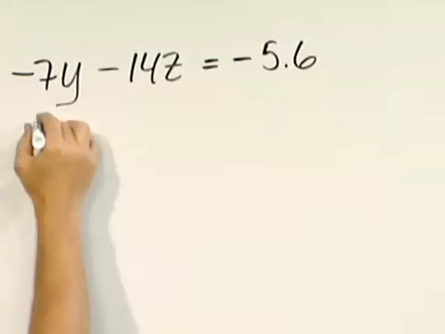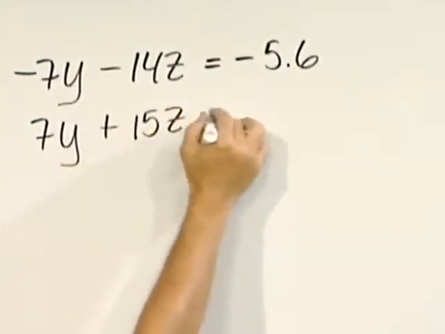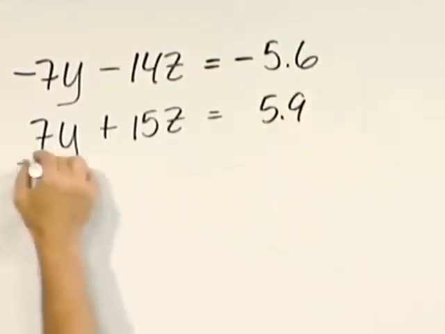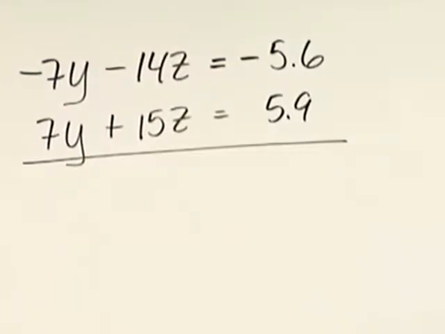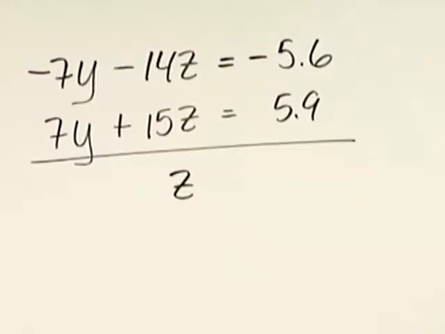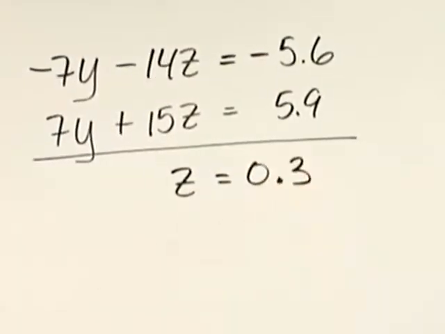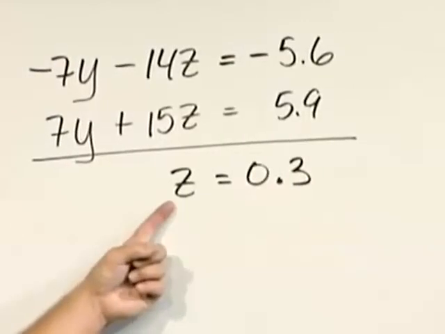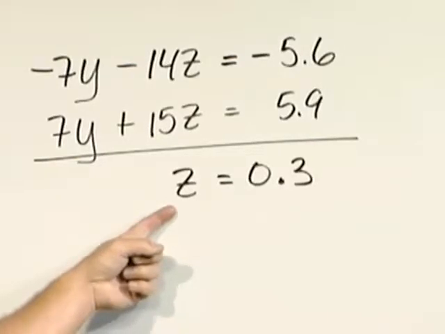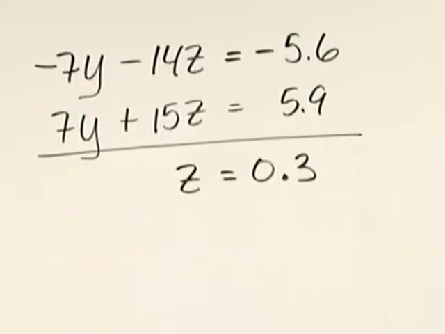Remember, I want to add that to the first equation, 7y plus 15z is equal to 5.9. Adding the two equations, the y's are eliminated. I have positive z is equal to 0.3. Now that I have this value of z, I can substitute that into either of these two equations and find the value of y.